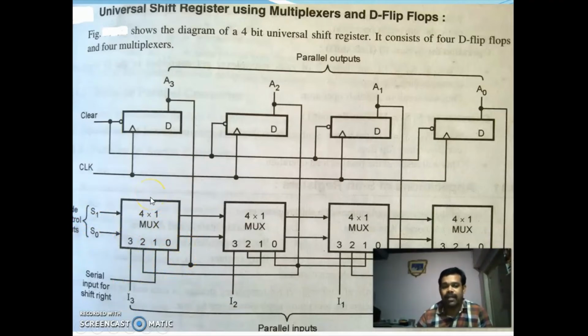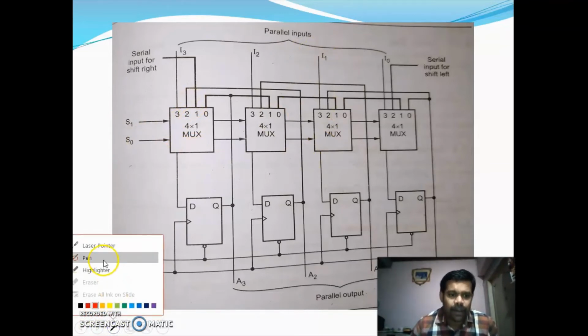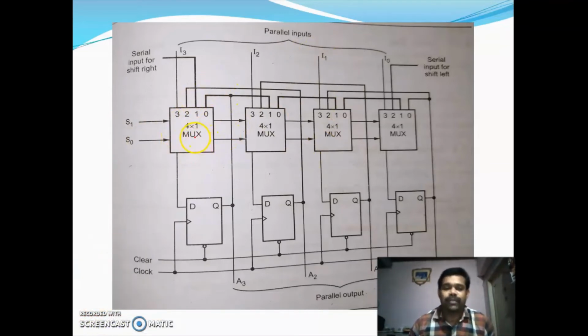The circuit is using four 4:1 muxes, and each mux will be having 2 select lines, 4 inputs and 1 output.